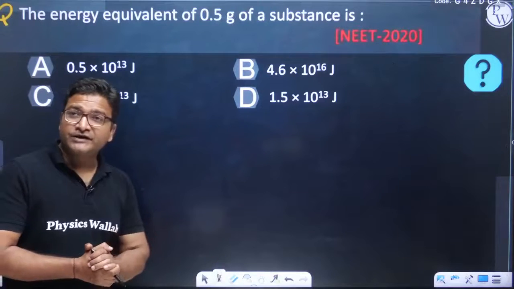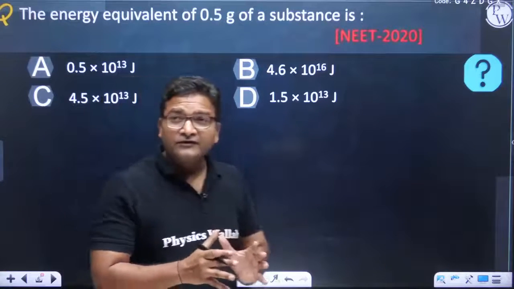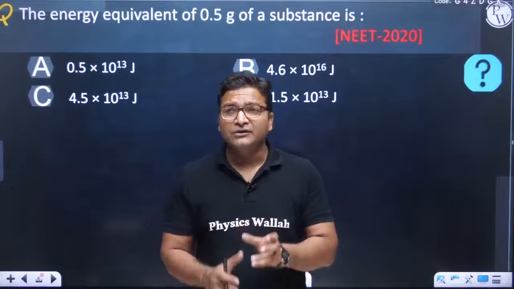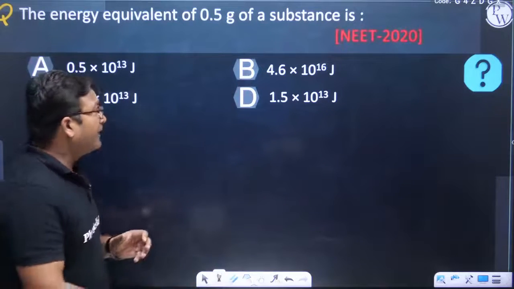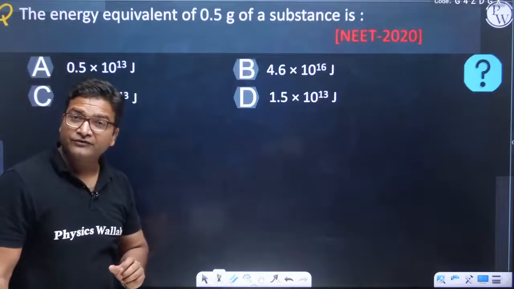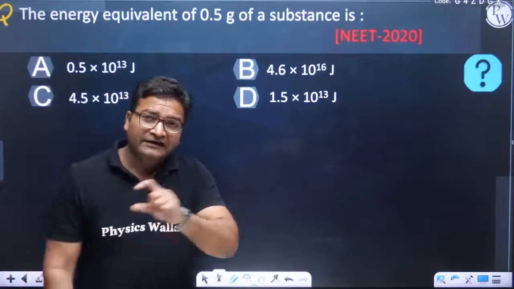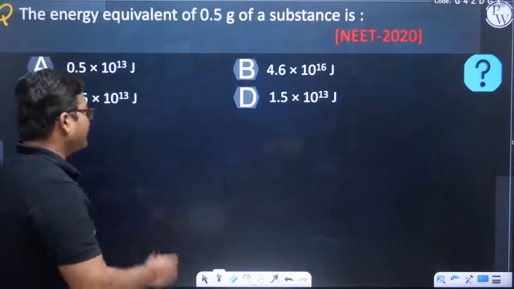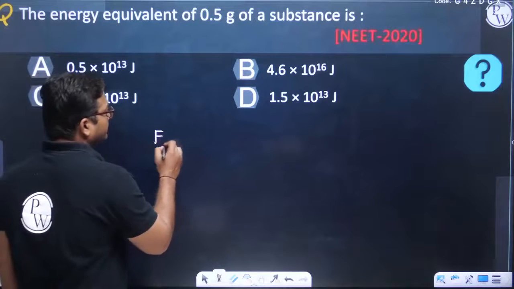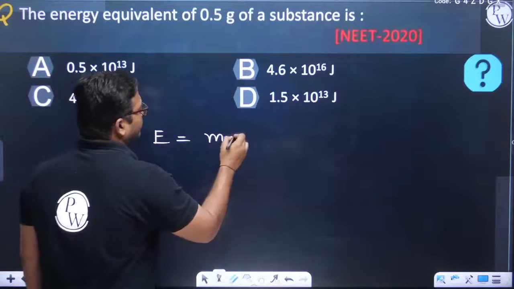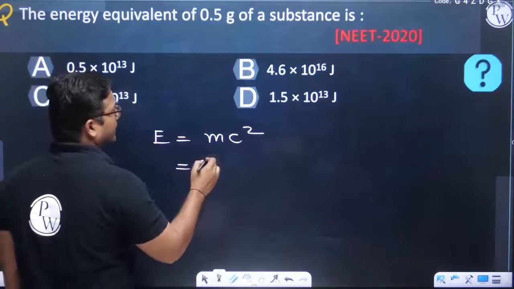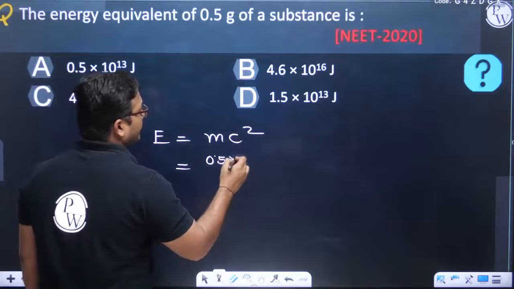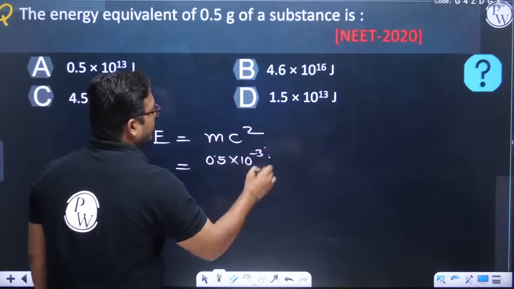We have the next question, asking what is the energy equivalent to 0.5 gram of a substance. Okay, so if we have 0.5 gram of substance, by using Einstein's mass energy equivalence, we know the energy equals mc square. We have mass as 0.5 gram, that is 0.5 times 10 to the power minus 3 kilograms.